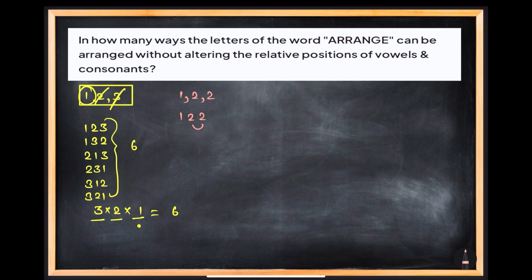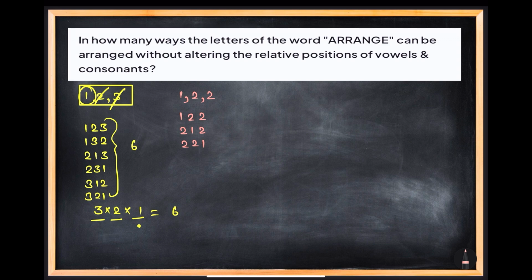Now can I interchange these two 2s? No. It's not a unique number, it will still be 122 only. Can I go with 2, 1, 2? Yes, you can do that. Can I go with 2, 2, 1? Yes. Now can you make any other number? No. So if two numbers are repeated, you can only make 3 new numbers out of those 3 numbers.